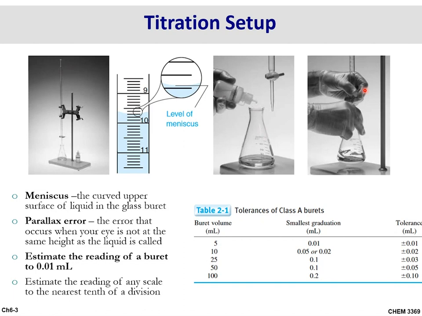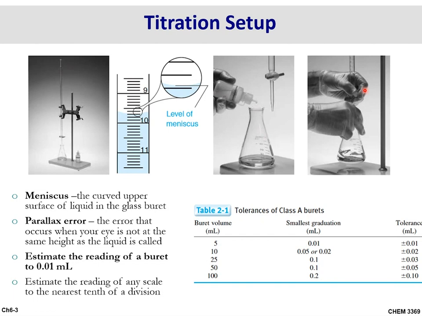So initially you can add the titrant rapidly, and then as you get close to the volume where you expect to determine the endpoint, you need to slow down. Okay, you need to slow down, and if you are close to the endpoint, you should really add one drop at a time.